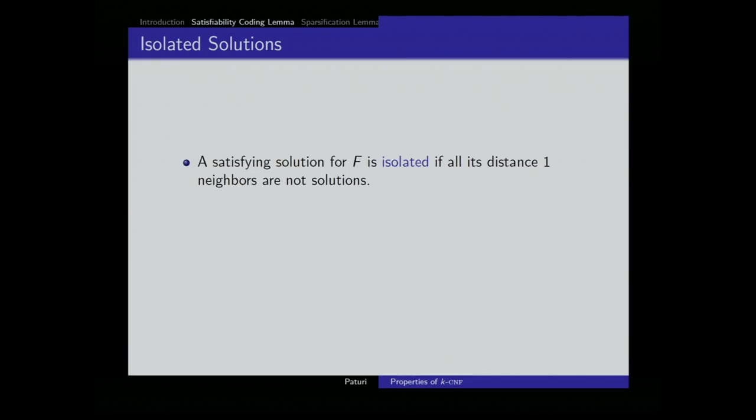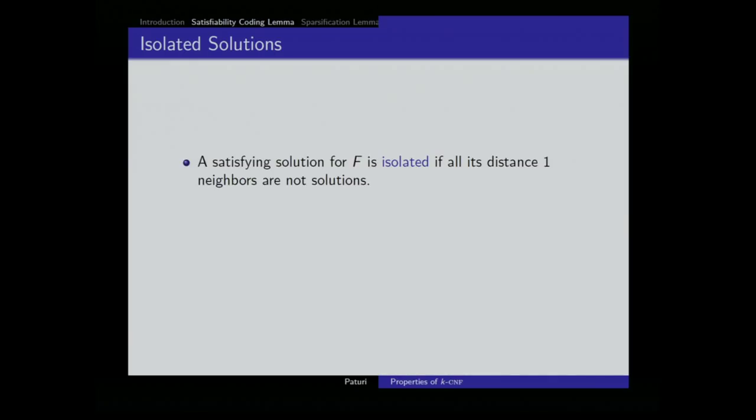This is where we started our question: what do we know about KCNFs to obtain strong lower bounds? So the starting point is the following.